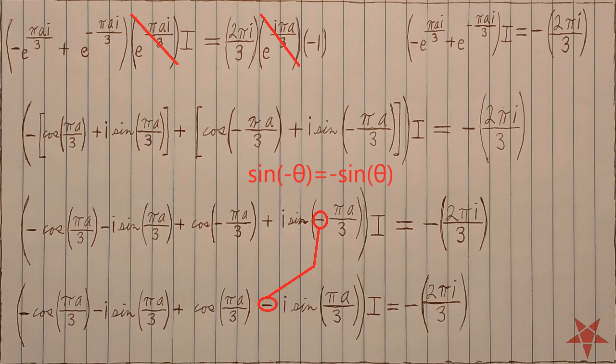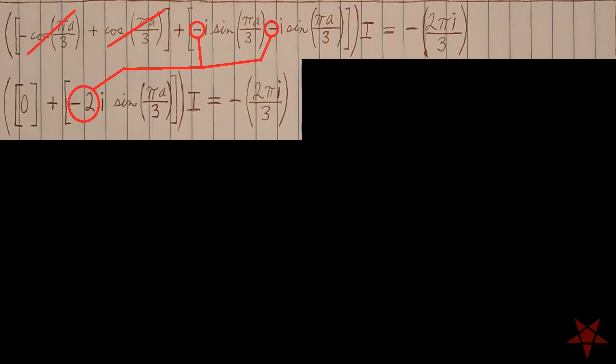The sine function, on the other hand, is an odd function where sine of negative theta is equal to the negative sine of theta. So what we can do is pull the minus sign outside of the argument and put it in front of the sine function itself. On the left-hand side, the cosine functions in the first bracket cancel each other out, while the negative sine functions combine.